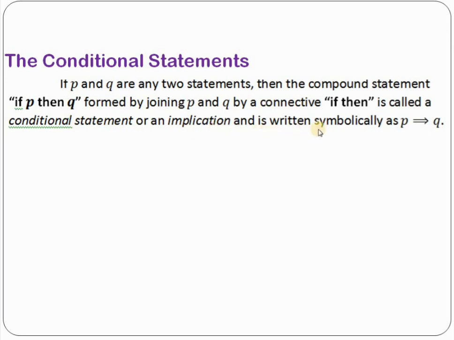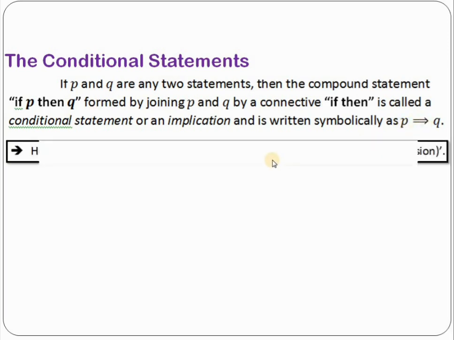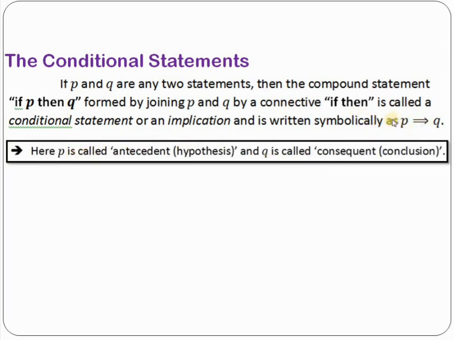Symbolically it is written as P implies Q. In your book you may find only a single line like this; this time I am showing you a double line. Both mean the same. So here this P is called antecedent or hypothesis, and Q is known as consequent or conclusion.